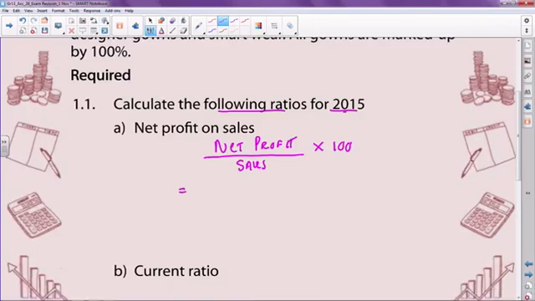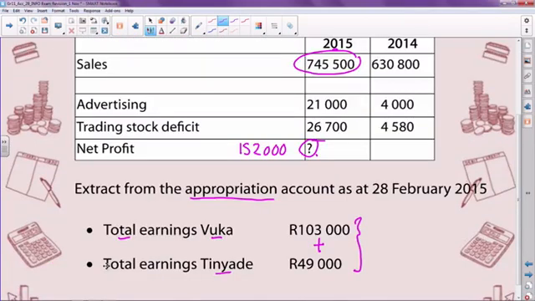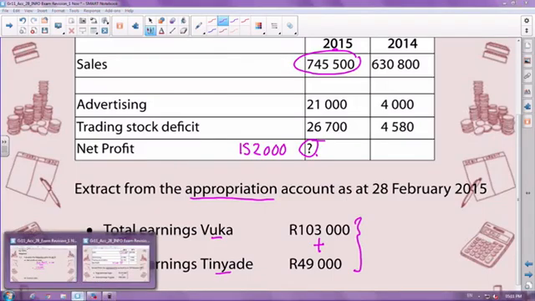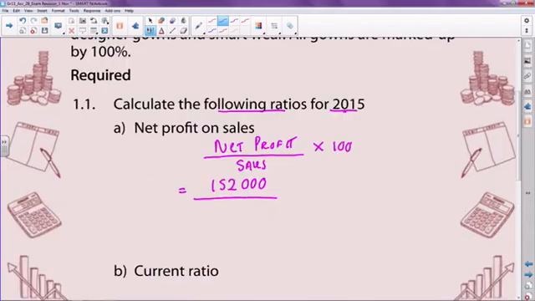Our net profit was 152,000, and we're now going to divide that by sales. So let's go to the sales figure: 745,500. Let's enter that, 745,500.